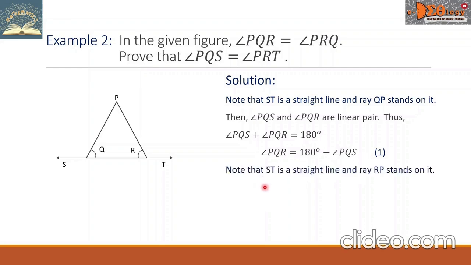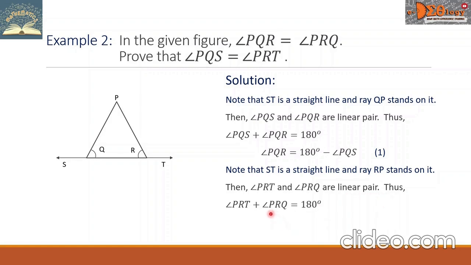Now, let us note again that ST is a straight line and ray RP stands on it. That means the angle PRT and angle PRQ are a linear pair. Thus, we can write angle PRT plus angle PRQ equals 180 degrees based on the definition of linear pair.